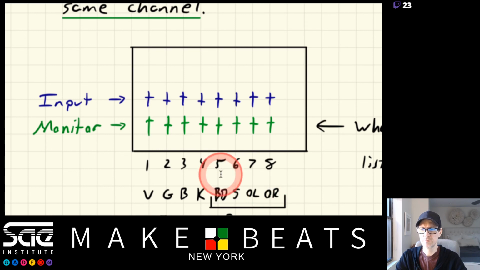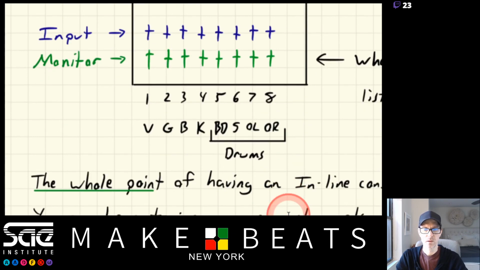So that's why it's called an inline console, and they look like this. Here we can have more channels in a smaller space. So we have 1 through 8, and that's going to be our vocals, guitar, bass, and kazoo, and also some drums: bass drum, snare drum, overhead left, overhead right. And everything goes onto the same channel. So for the vocal, the input path is on channel 1, and the monitor path is also on channel 1.